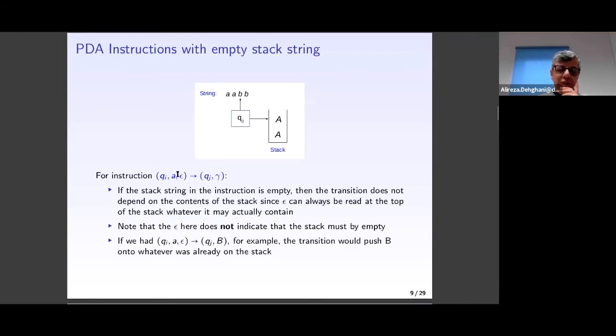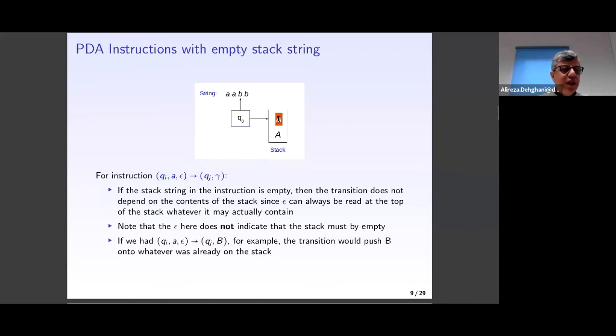So what does it mean? It means if I'm in a state Qi, and I read character a from the head of the string, then whatever is on the top of the stack does not matter. For example, I'm in state Q0, I'm reading a, and on the top of the stack is A. That's okay.